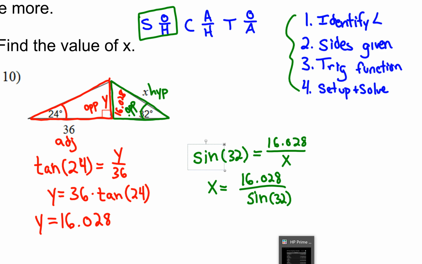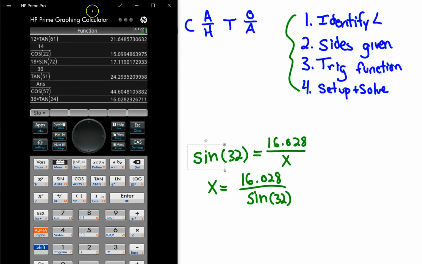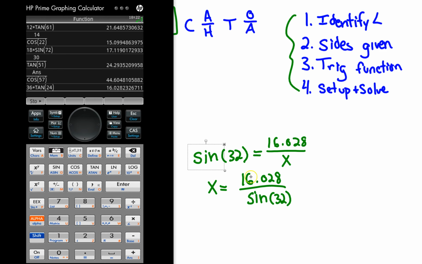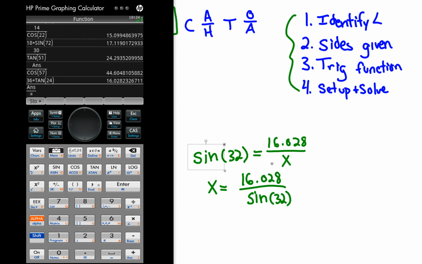So now, again, this is just another calculator problem. Drag the calculator over this way. So we got to put in 16.028 divided by the sine of 32.